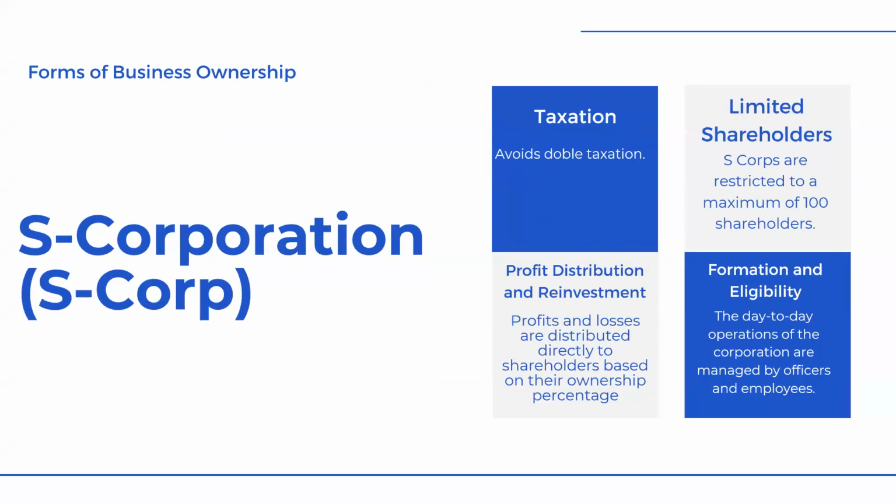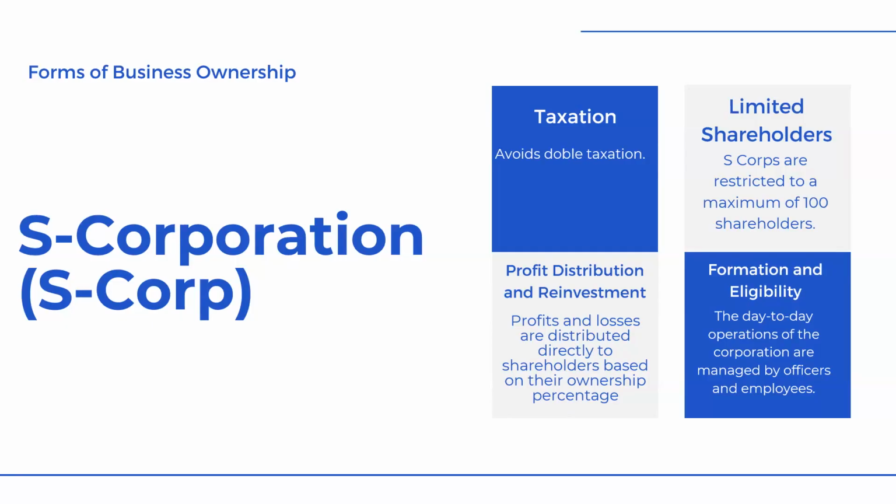Before we dive into S corporation, also known as S corp, let's go over what a corporation is. A corporation is a business entity established by filing articles of incorporation with the state. Its owners, known as shareholders, are distinct from the corporation itself, which operates as a separate legal entity.